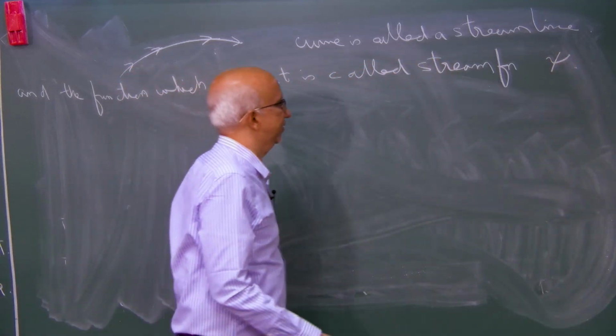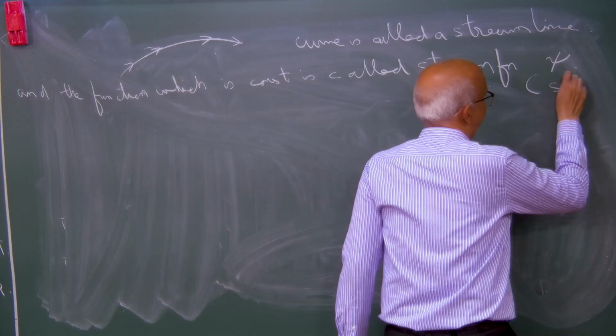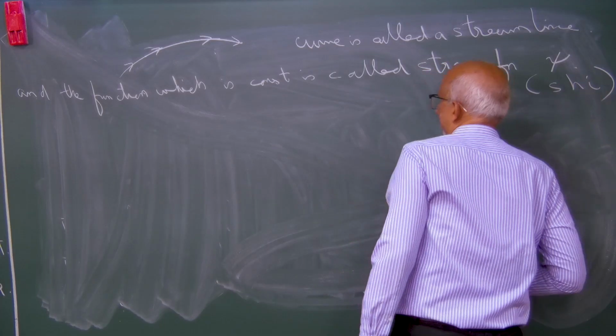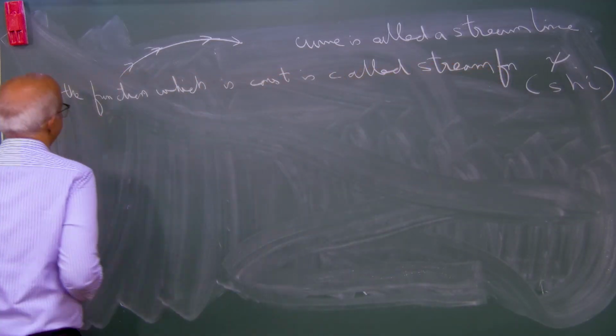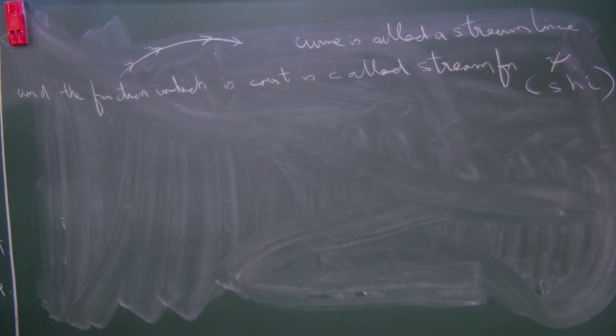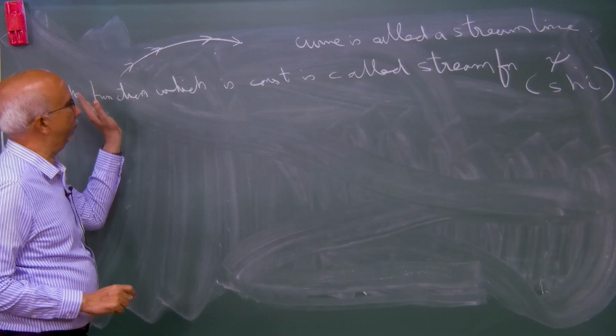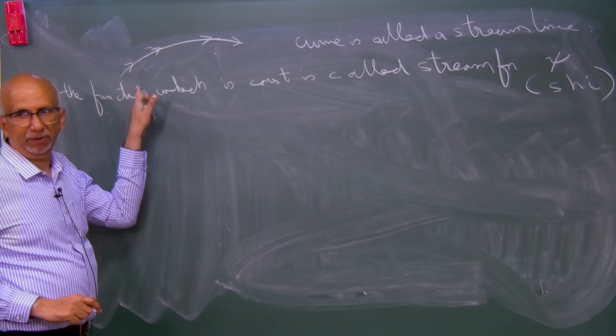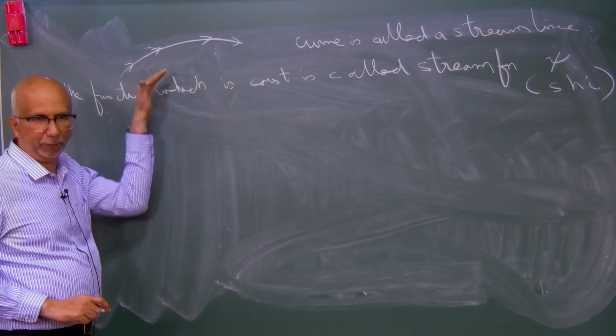This is the Greek letter, the way you pronounce it is like this. So, the point is, this is my streamline, this is a curve, and at every point on that curve the velocity at that point is tangential.